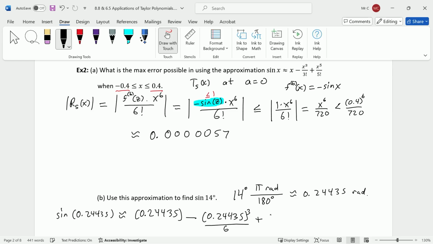Plus x to the 5th over 5 factorial, that's 0.24435 to the 5th power over 5 factorial, and 5 factorial is 120. Okay, and we plug that all into a calculator, and we should get approximately 0.24193.